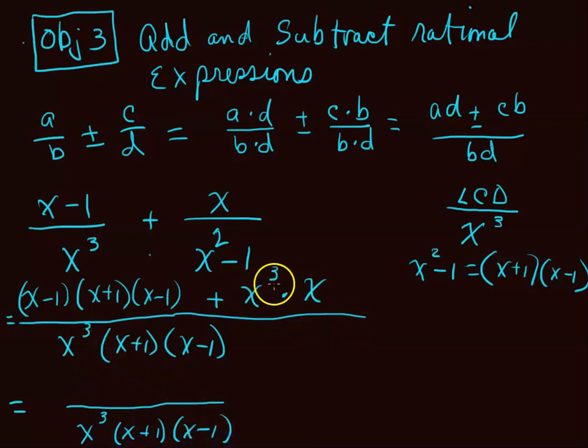We need to multiply all these things. This is x to the fourth. So this is an x plus 1, x minus 1 is really x squared minus 1, right? And if we multiply that by the other x minus 1, so this is positive 1 and a negative x squared. And this is a negative x and x cubed.